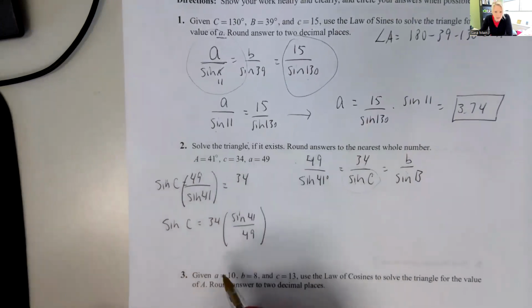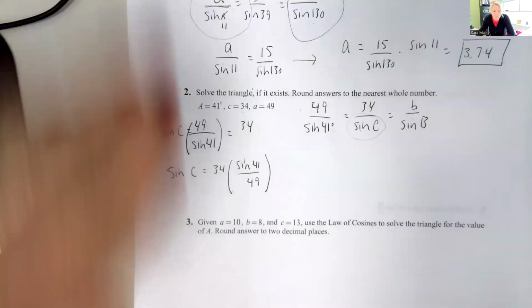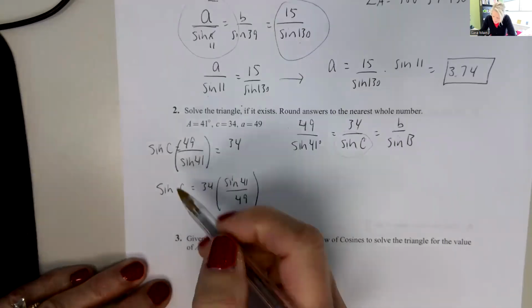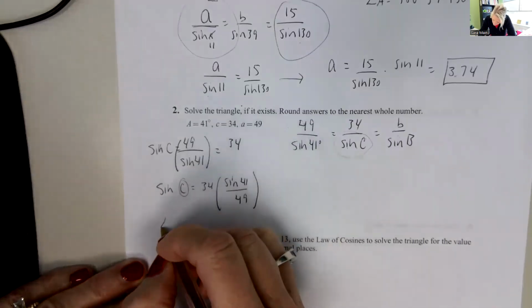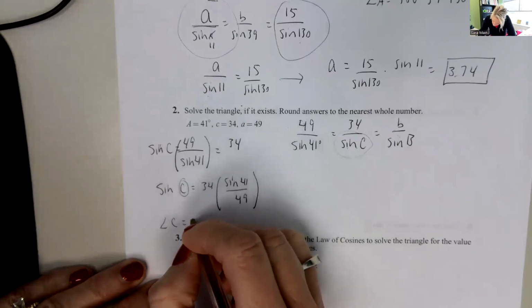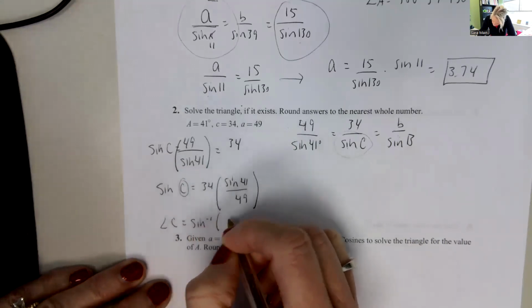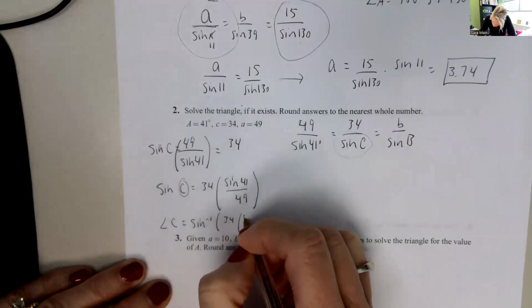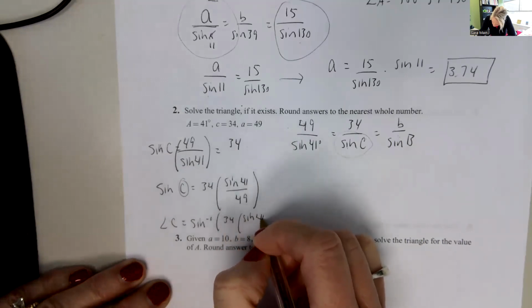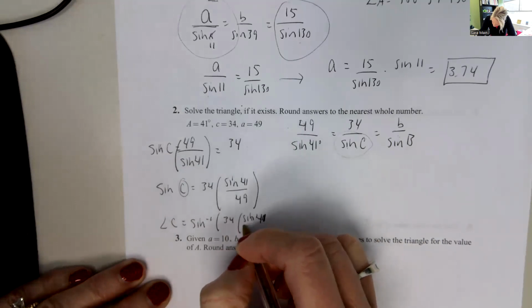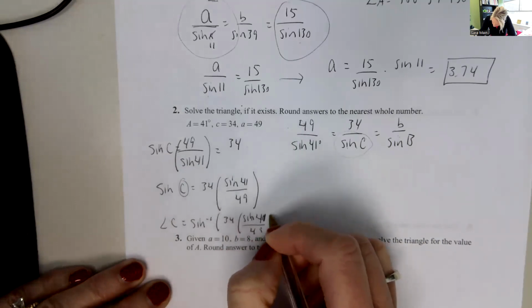And I'm going to take the arc sine of that to find this angle. So angle C is going to be equal to the arc sine of this calculation: 34 times sine of 41 over 49.